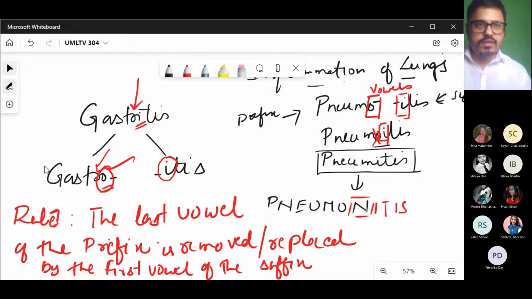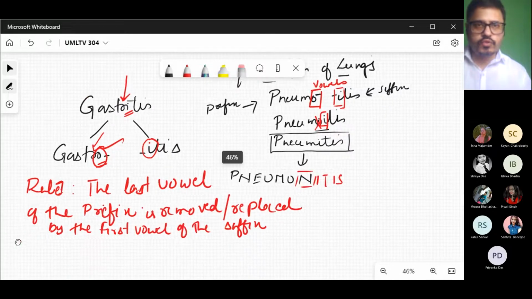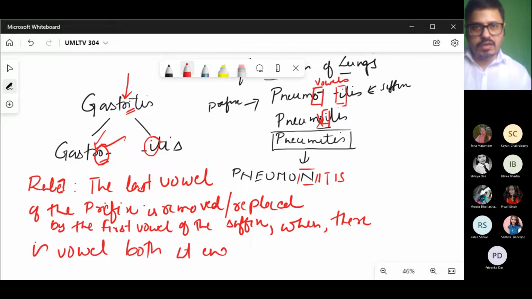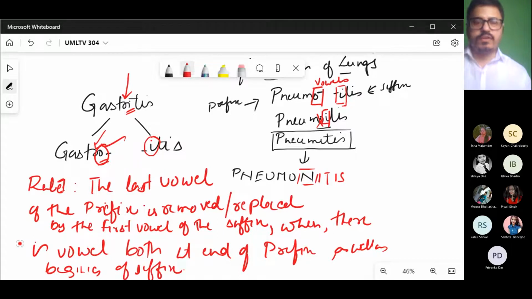When would this rule apply? When there is a vowel both at the end of the prefix as well as the beginning of the suffix.